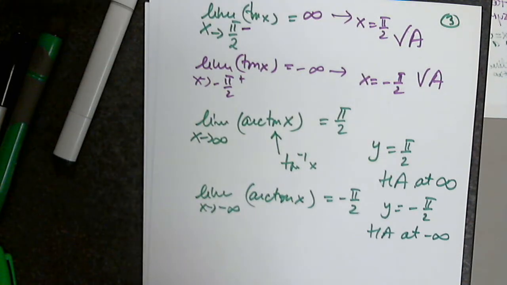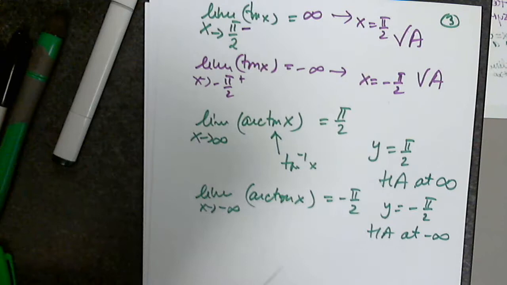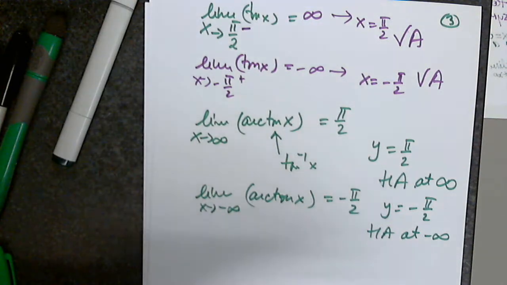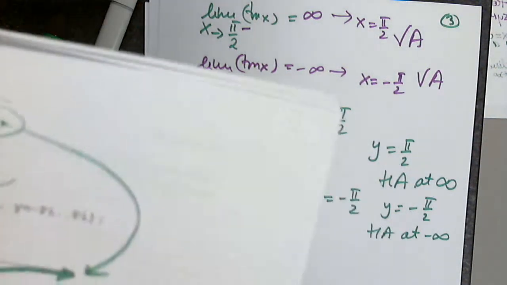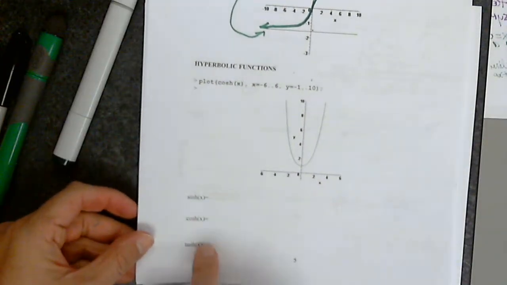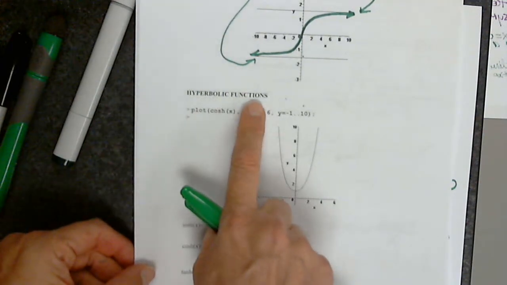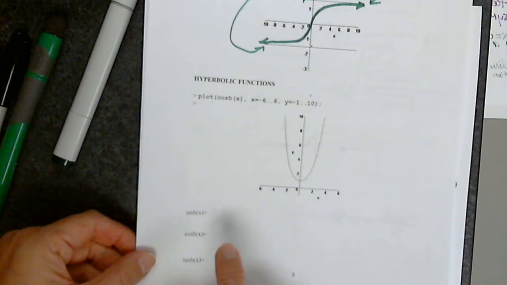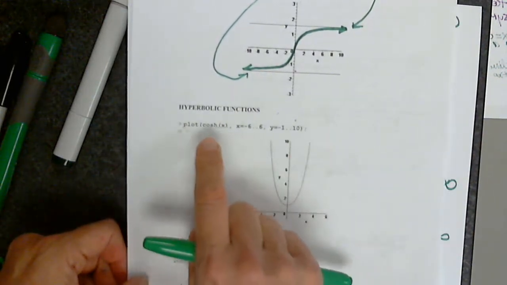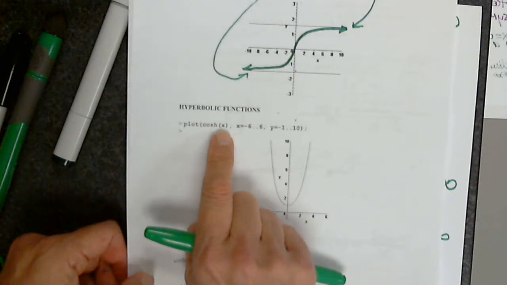So please remember these graphs, okay? Tangent, arctangent, exponential, logarithmic. Okay. So these are three functions called hyperbolic functions. So this is one of them. I only graphed hyperbolic cosine x.